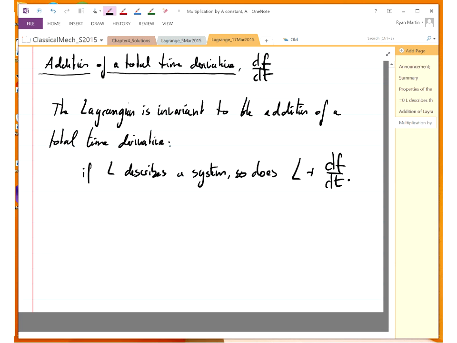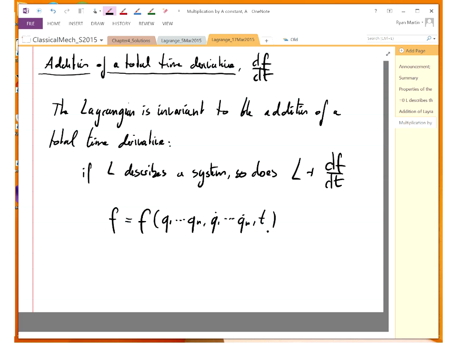Well, I guess I have to say that F is probably a function of the generalized coordinates and generalized velocities. Since it's a time derivative, it's presumably a function of time.